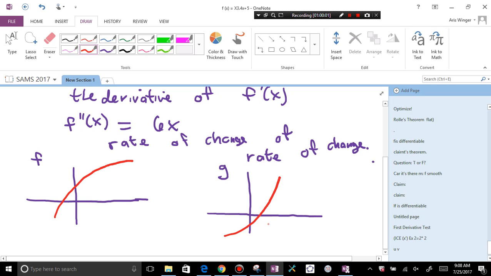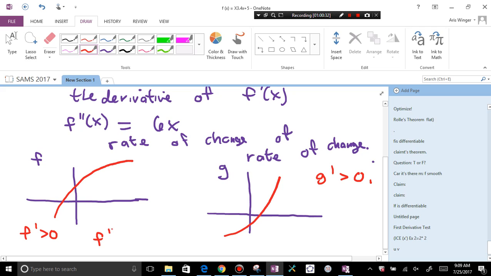Here is g. Tell me about f prime. Positive. Questions on that? Why is f prime positive? f is increasing. Tell me about g prime. Positive. So f prime is positive, g prime is positive. Excellent.